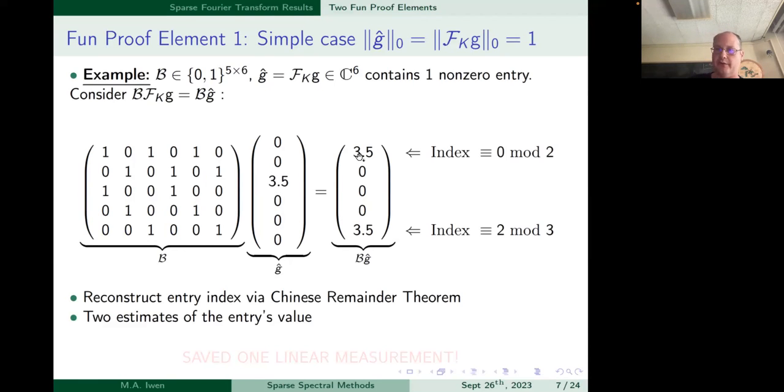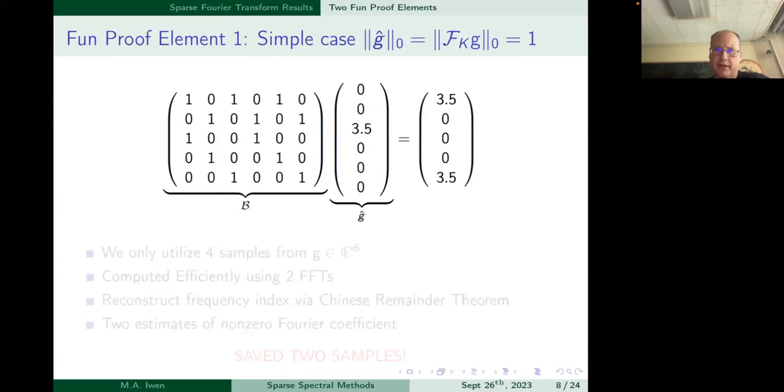And you get 2 estimates of what the value was at that entry. You can average them and see that the entry is 3.5 or something. So you save one linear measurement here over the brain dead approach of making this the identity and effectively looking at each entry individually.